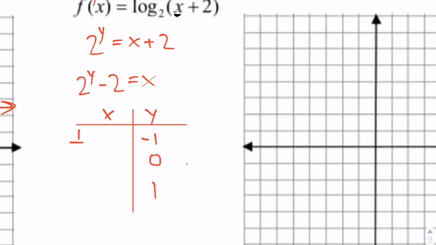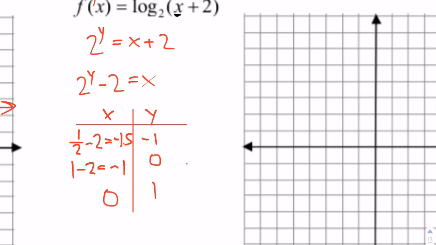So this would be 1/2 minus 2, right? So 1/2 minus 2 is the same thing as just -1.5. If I plug a 0 in there, that would be just 1 minus 2. 1 minus 2 is the same thing as just -1. And 2 to the first power, this gives us 0 back.